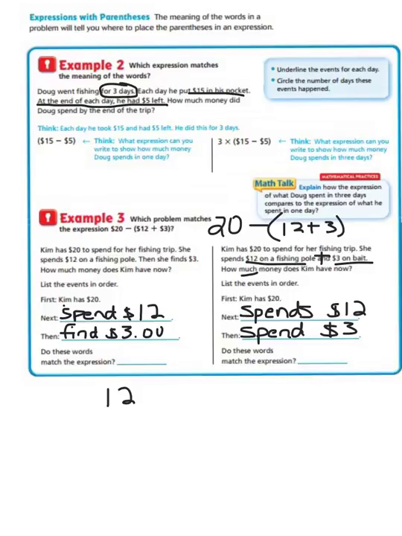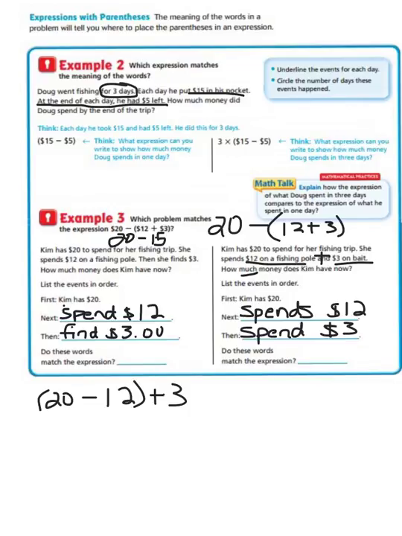So over here we would have to start with our $20 minus the $12 that she spends plus the $3 that she finds. Because if we figure this out, 20 minus 12 plus 3 is 15, and that's going to leave us with $5.